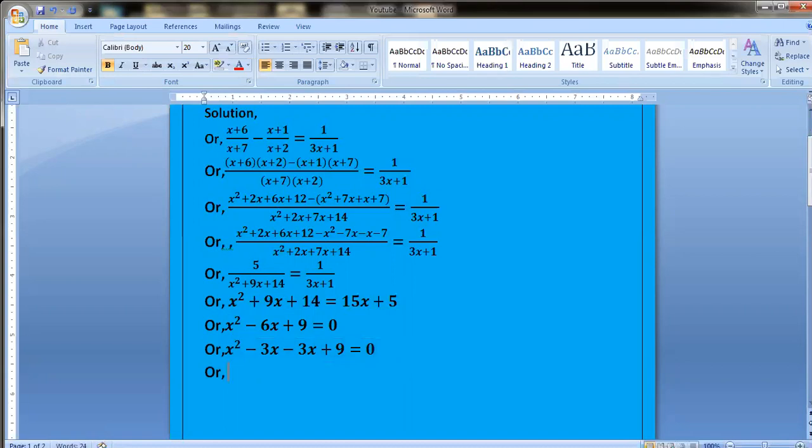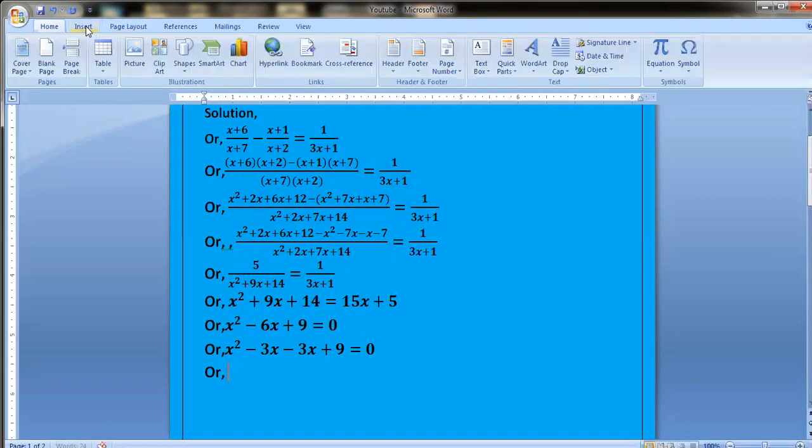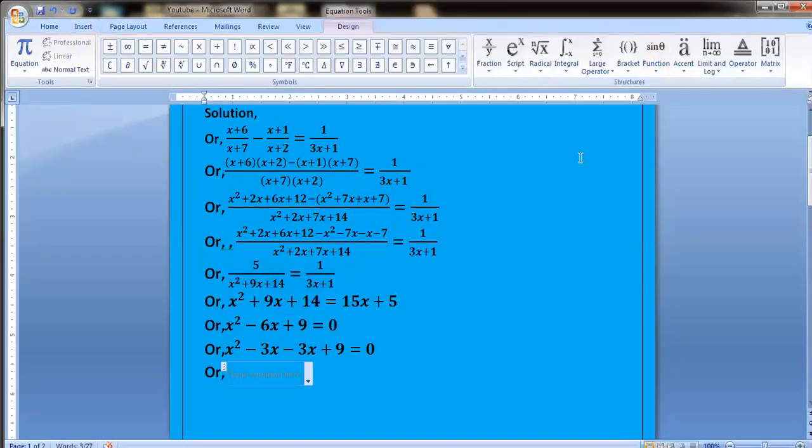Or we can take x common from the very first two terms. x common, x minus 3. Yes, x minus 3, and minus 3 common, x minus 3 equals 0. Yes, we can write this.